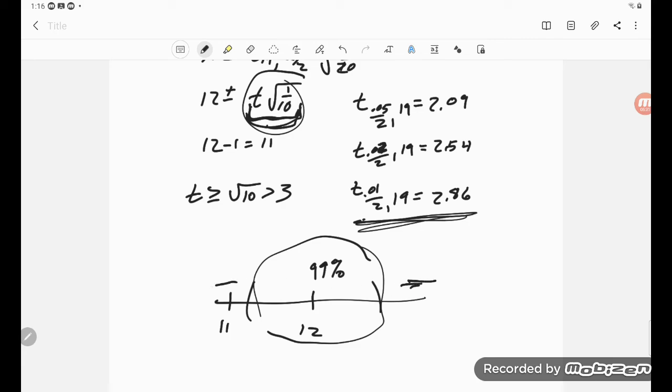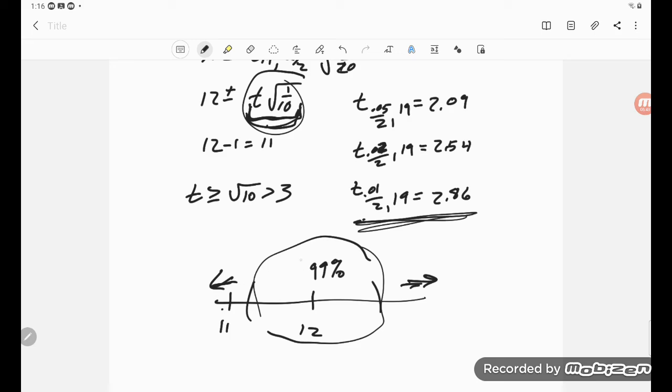And well, it's as likely to be out to the right as to the left. So I'm down to a 0.5% chance even that it could be 11, or somewhere out in that direction.